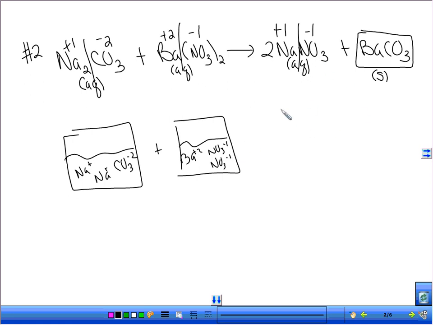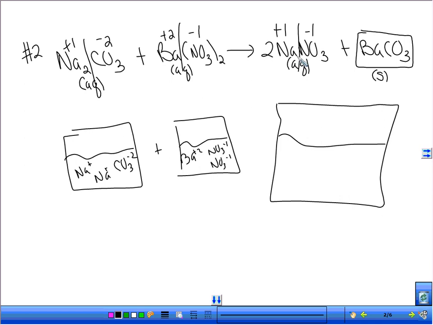When I put this together and we got a reaction, the sodium's still just hanging out. The nitrate's still just hanging out. How do I know? Because I've got a slash through it. Aqueous means dissolved in water and has the charges. And what's going to happen to the barium carbonate?